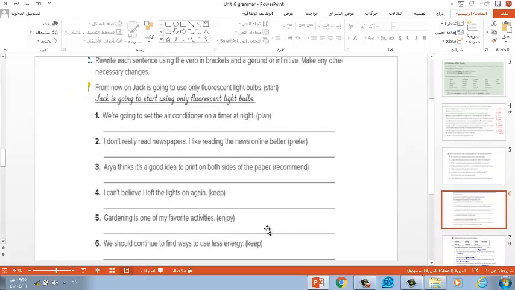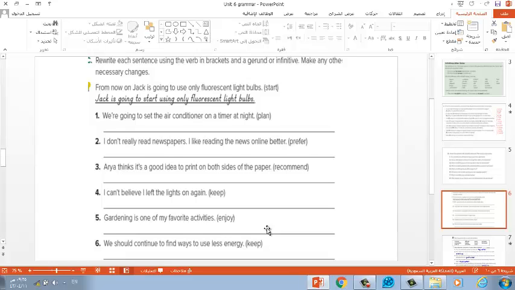Rewrite each sentence using the verb in brackets and a gerund or infinitive. Make any other necessary changes. From now on, Jack is going to use only fluorescent light bulbs. Start. Jack is going to start using only fluorescent light bulbs.